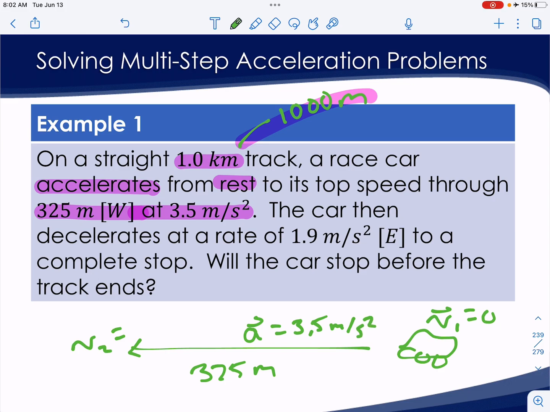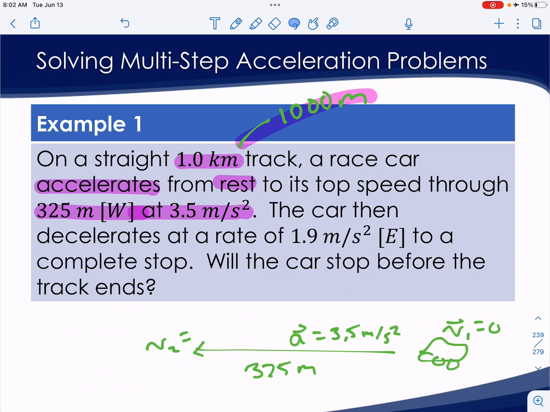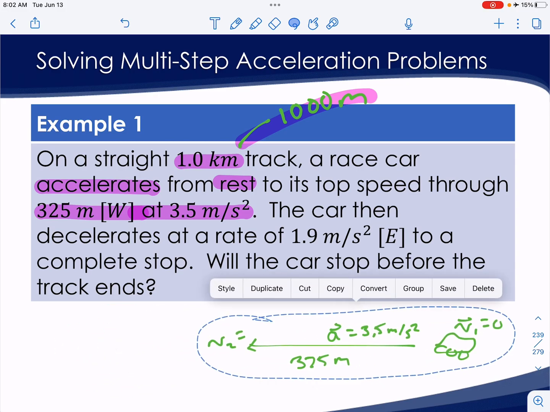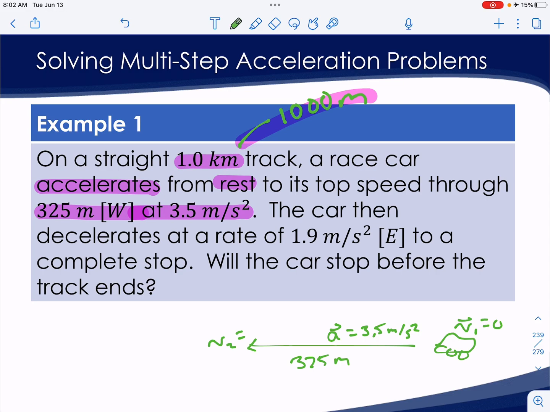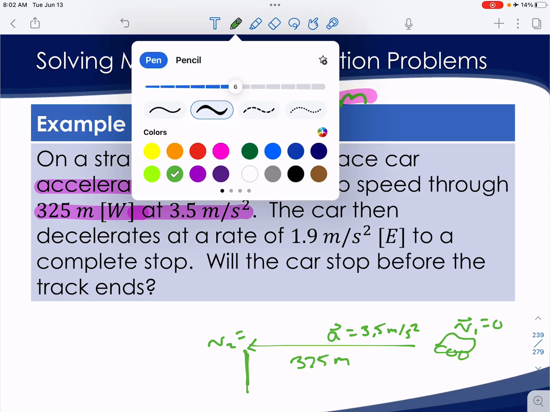Then the car decelerates at a rate of 1.9 meters per second squared east to a complete stop. So let me shrink that down. So at this point here, that's its top speed.